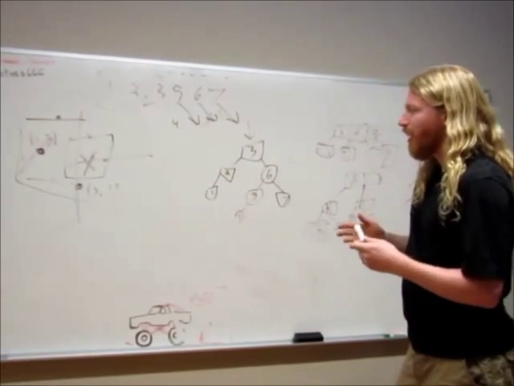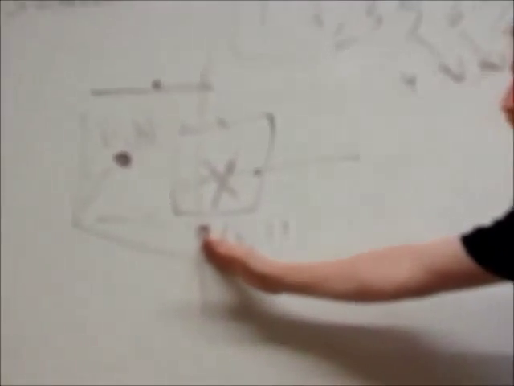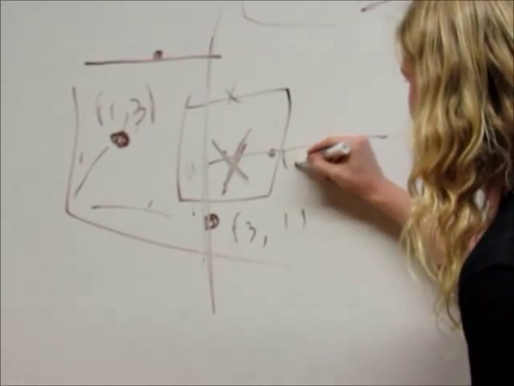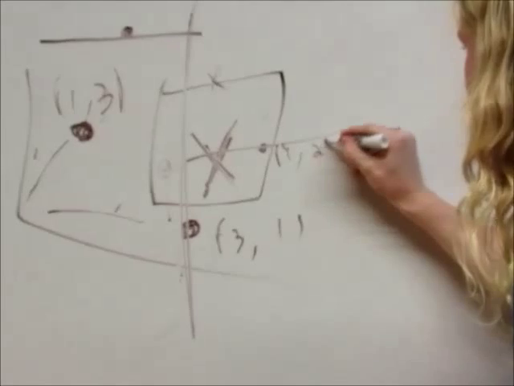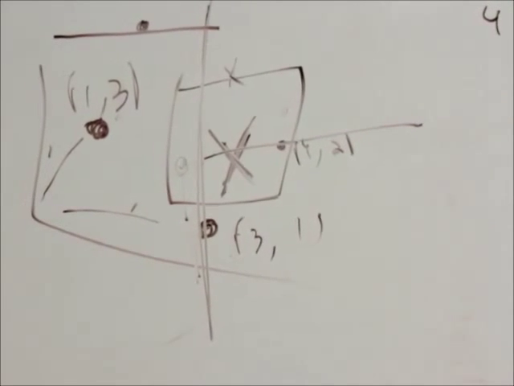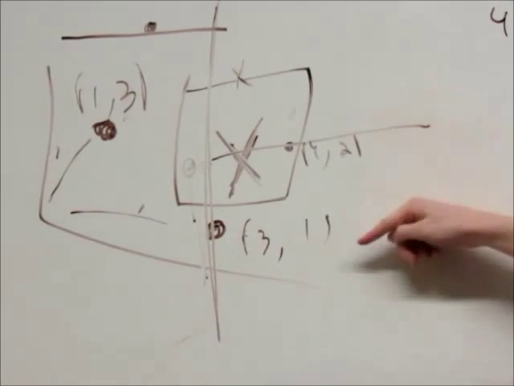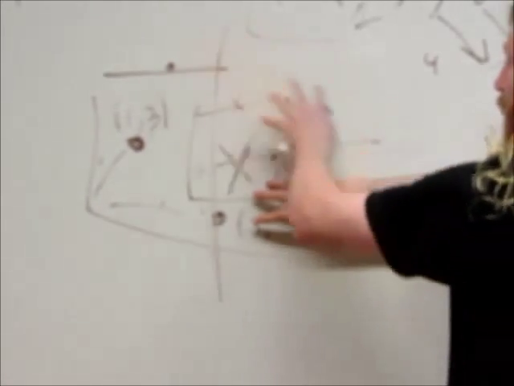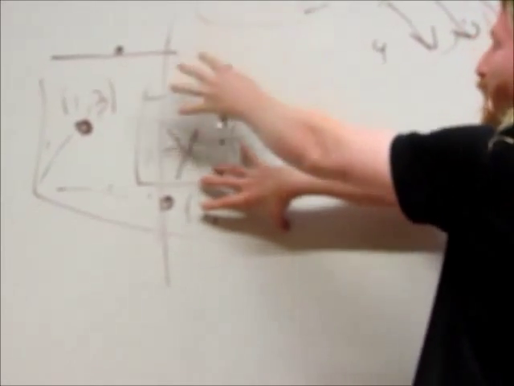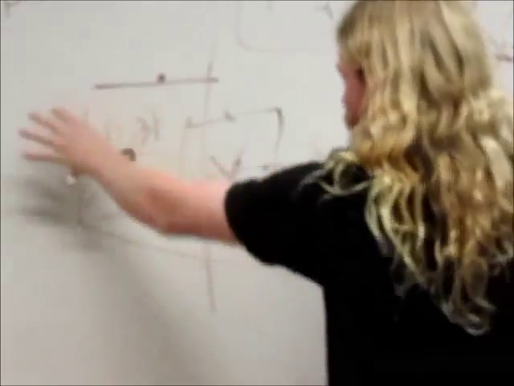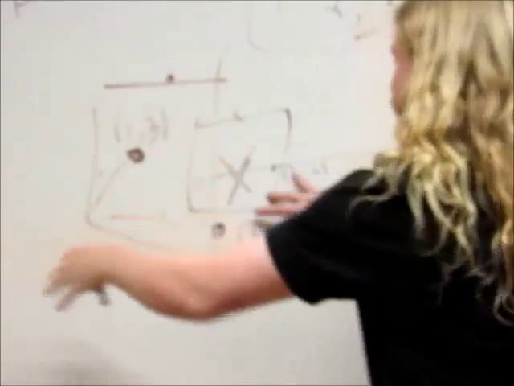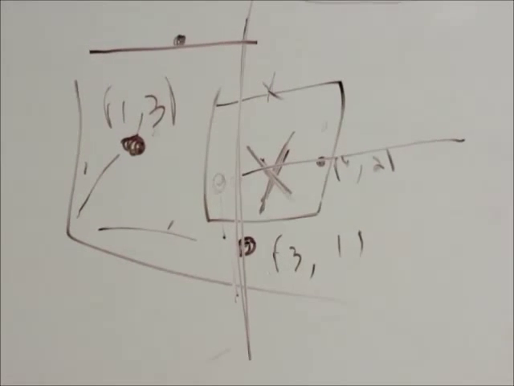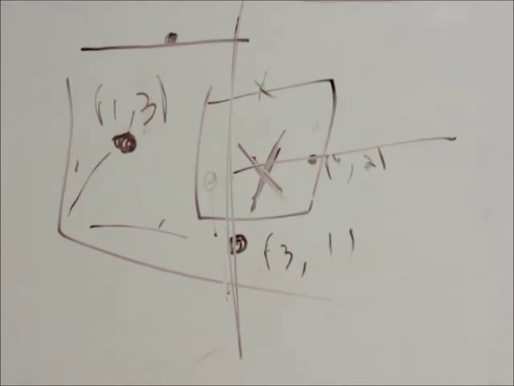So now, if something is greater than 3 and less than 2, then I know it's here. I can ignore everything greater than 2 in this half of the y, and I can ignore everything less than 3 in that half of the x. That can work. That's called the KD tree.